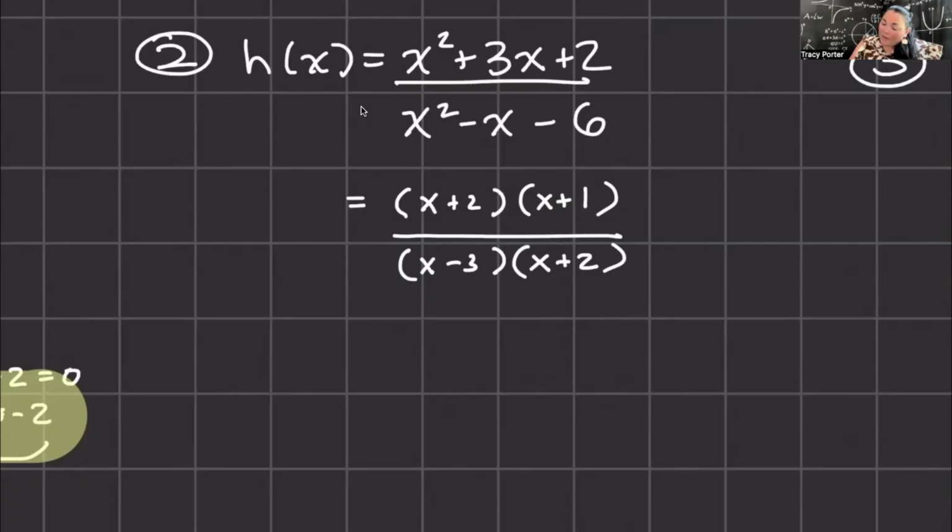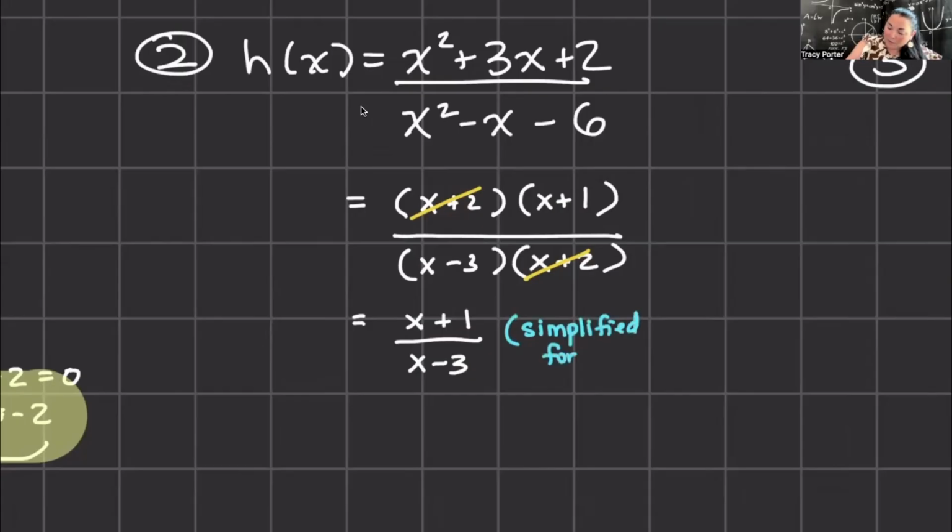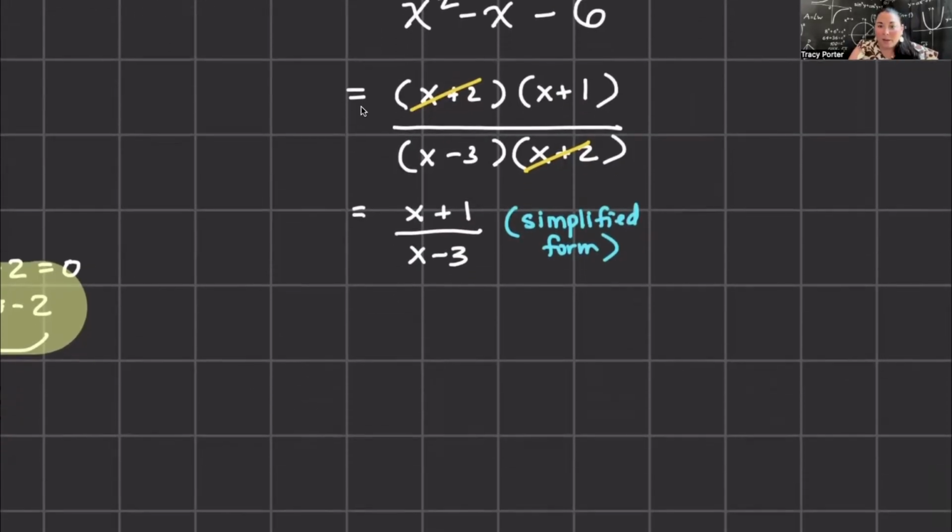So simplifying, we do have a common factor here. The common factor is x plus 2. So that's going to leave us with x plus 1 over x minus 3. So just to make a note, this version down here is the simplified form of the function. So if I talk about the simplified form, I'm referring to that one.